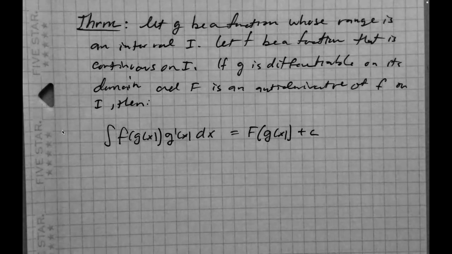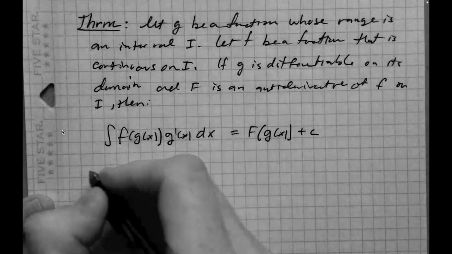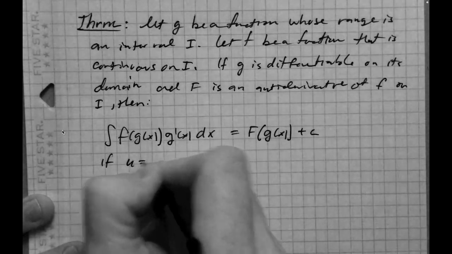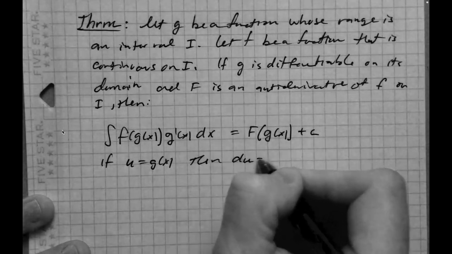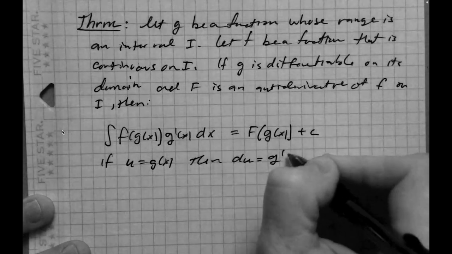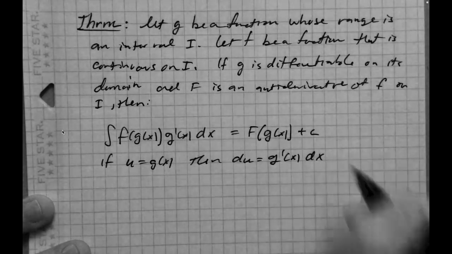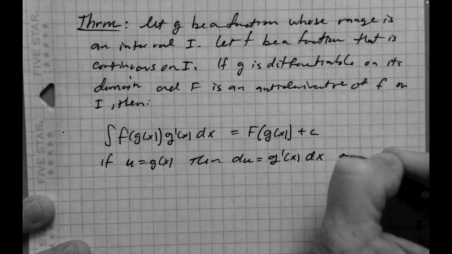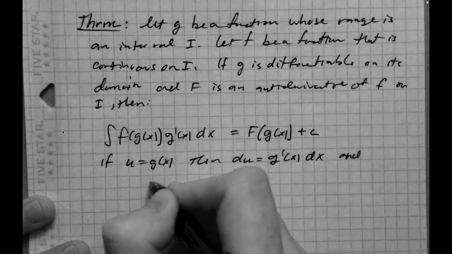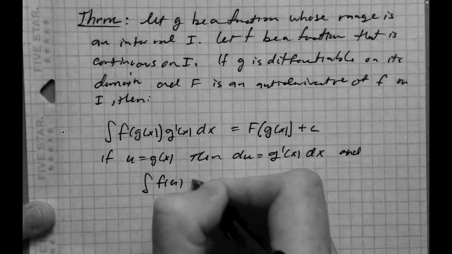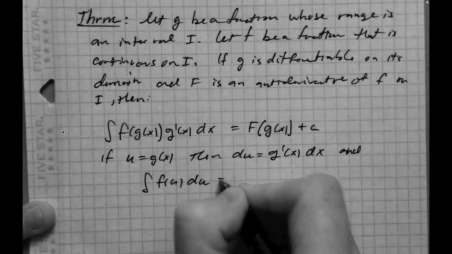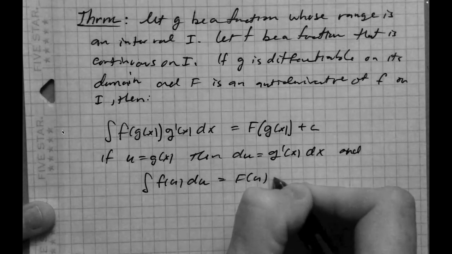Okay, so you could also say if u equals g of x, then du equals g prime of x dx, and the integral of f of u du is equal to F of u plus c.